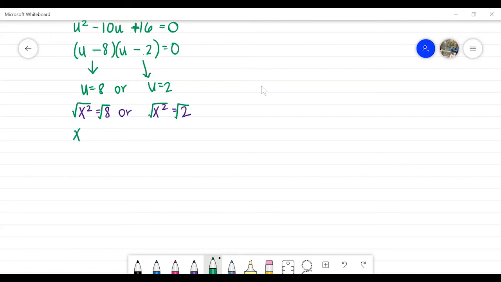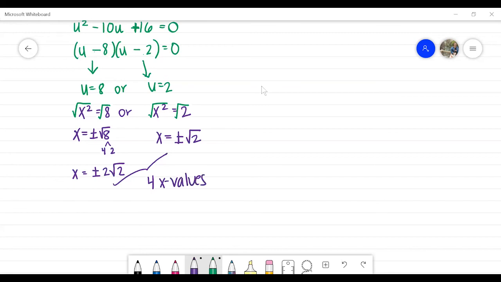We've got x is plus or minus square root 8, which we can clean up because this factors, right? X is equal to plus or minus 2 square root 2. Over here, there's not much that can be done, so you just get plus or minus square root 2 as that answer. Okay? I know that was a lot of work, but this actually gives us 4 x values.